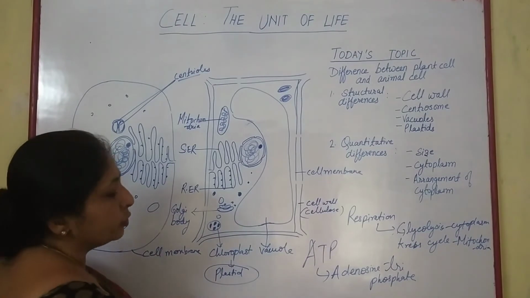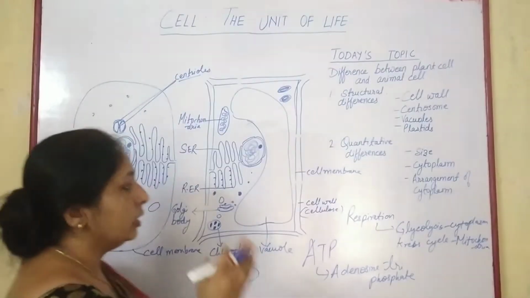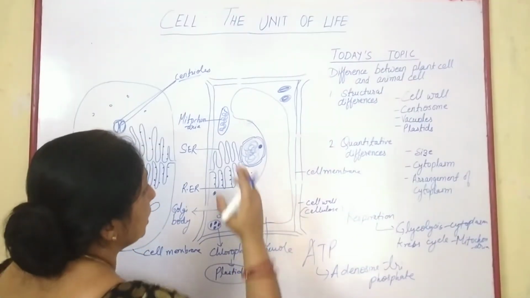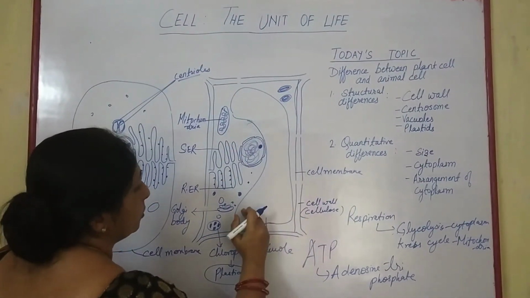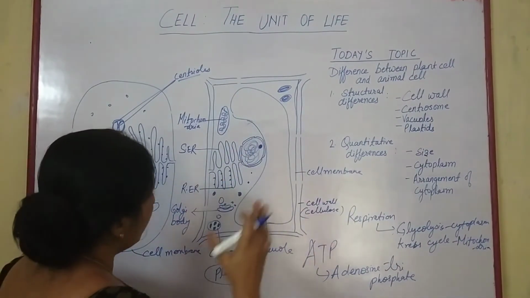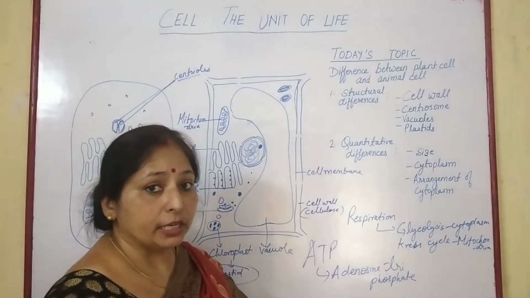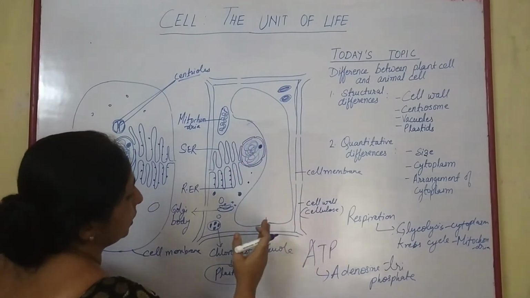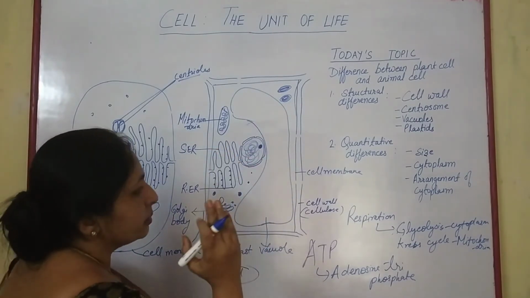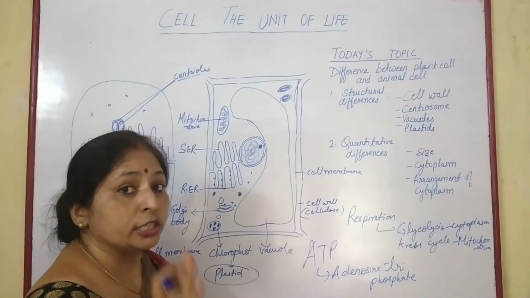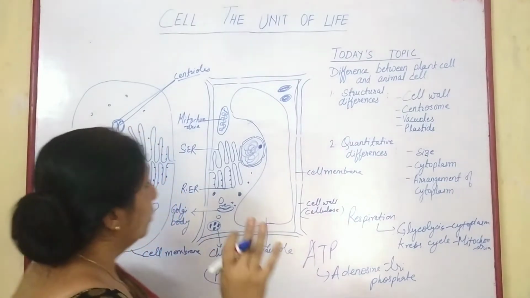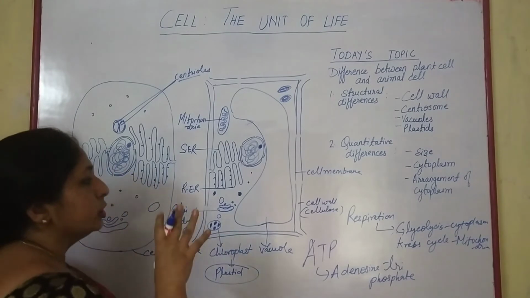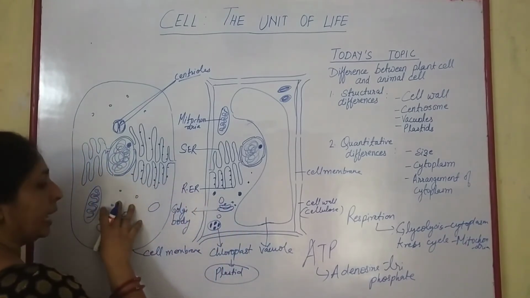So the amount of cytoplasm is less in the plant cell, more in the animal cell. Arrangement of cytoplasm: since the vacuole occupies almost more than half or 3/4 of the cell, the cytoplasm is pushed towards the periphery. So the cytoplasm is arranged towards the periphery, while in the animal cell it occupies the major portion of the cell.